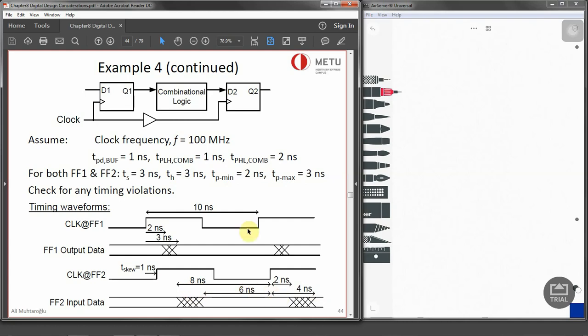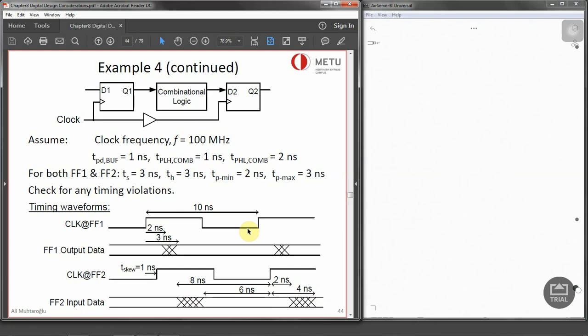Now let's do the calculations for the setup slack and the hold slack. T slack setup: we need the period minus the TPD of flop 1, the combinational logic, plus T setup of flip-flop 2, minus T clock skew. That we need to take into consideration.